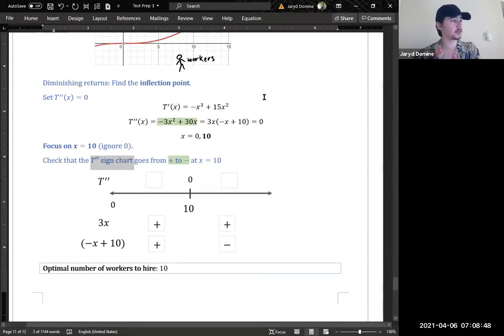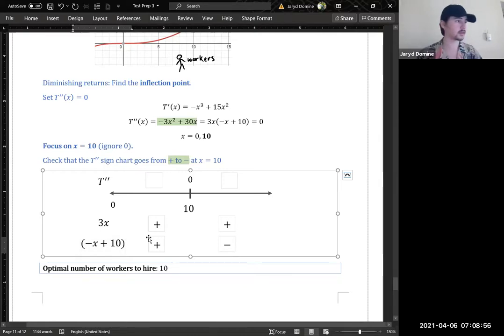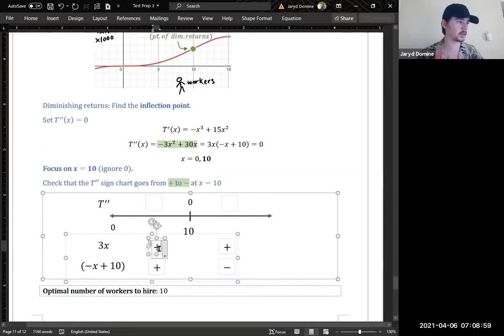I'm going to use the Mrs. Seats method here, which is to look at the terms 3x and minus x plus 10. In each of these intervals, we're just going to see what the sign is. Between 0 and 10, 3x is positive. If I plugged in 1, I'd get 3. For 10 and greater, this is also positive.